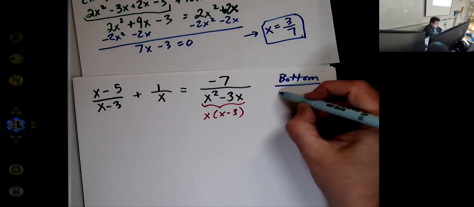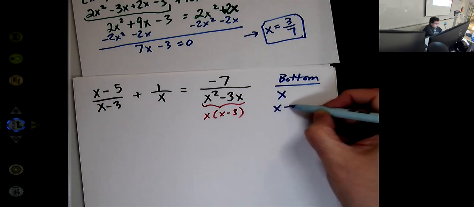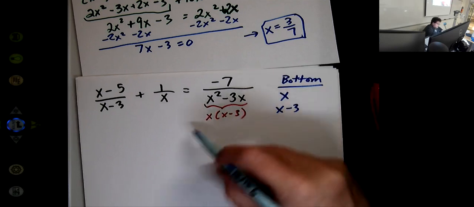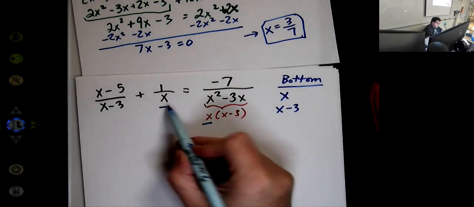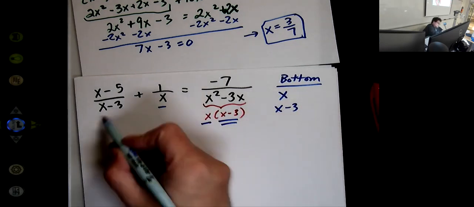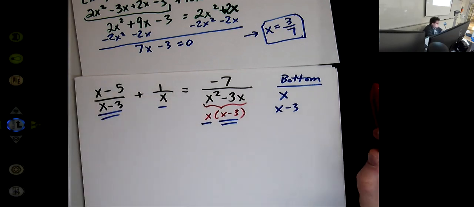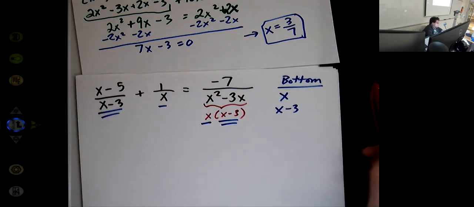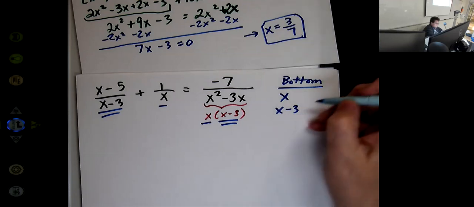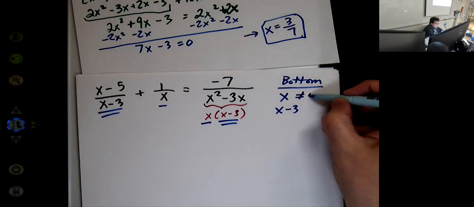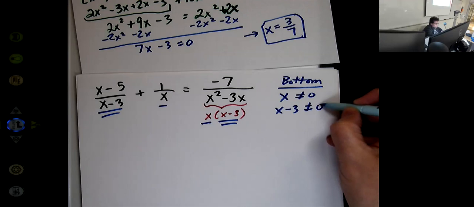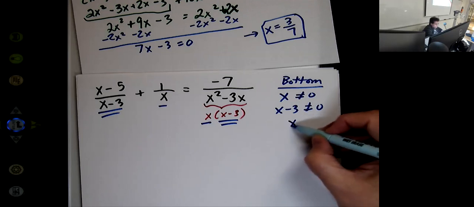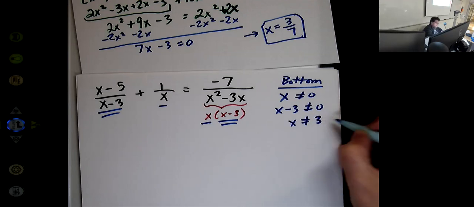I've got an x and I've got an x minus 3. And those are the two x's, and those are the two x minus 3s. So they show up more in one spot, but I don't need to check them in more than one spot to just make sure that they can't equal 0. X cannot equal 0, x minus 3 cannot equal 0. So that means x cannot equal positive 3.